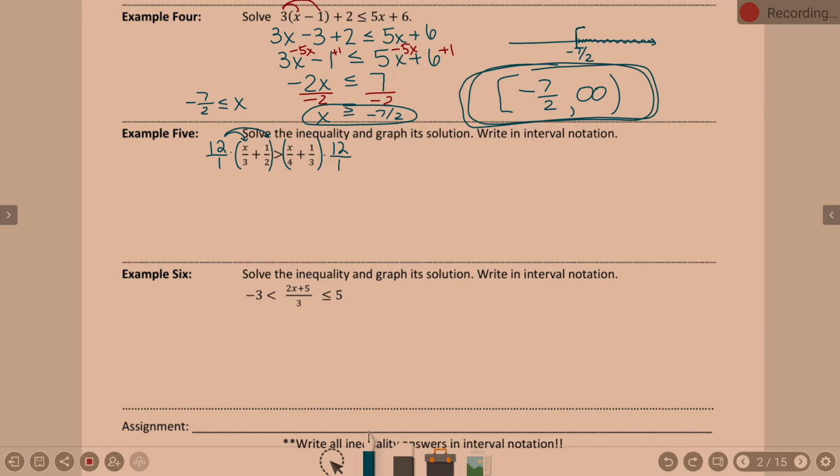And so this is 4x. Plus, what about 12 times 1/2? What is half of 12? 6. Keeping my sign the same, so I'm not multiplying or dividing by a negative. x over 4 times 12. Okay, 4 divided by 4 is 1. 12 divided by 4 is 3, so it's 3 times x. Plus 1/3 times 12.